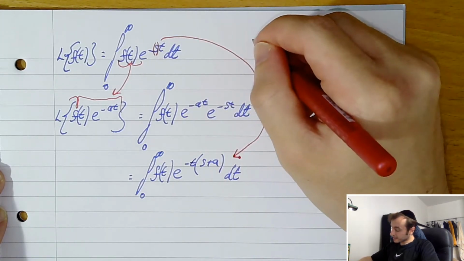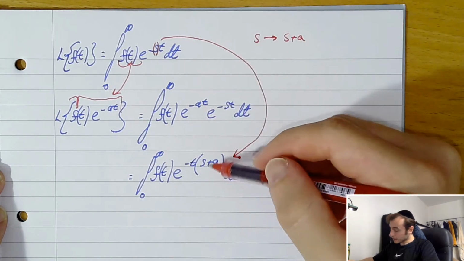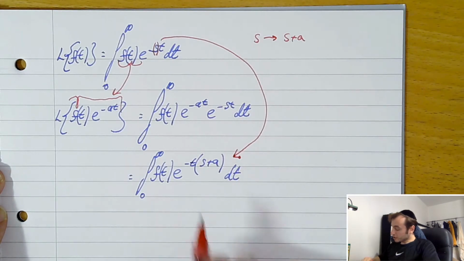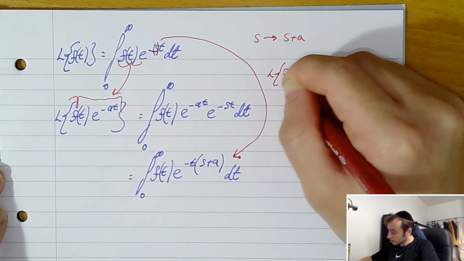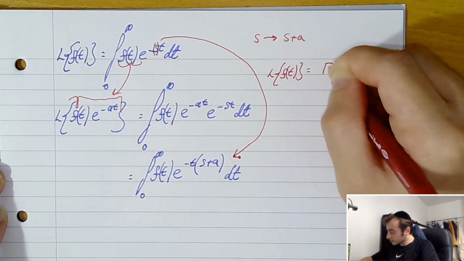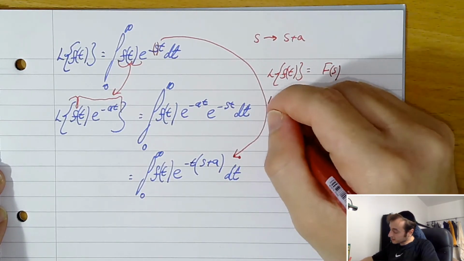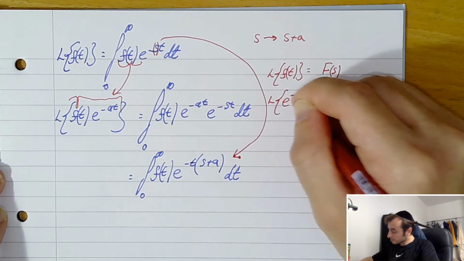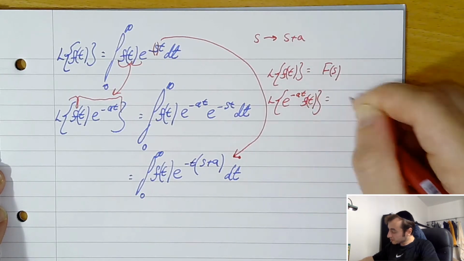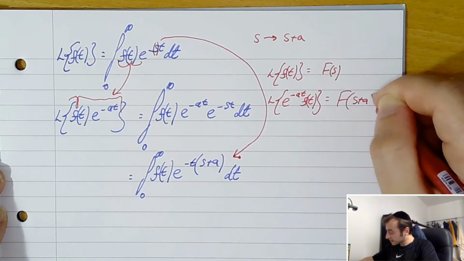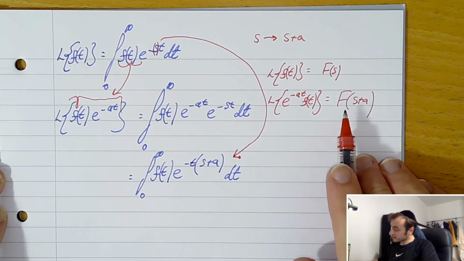What we're doing is making a substitution to s plus a. Which means that if we say the Laplace transform of f of t equals F of s, capital F of s, just as an abbreviation, then we can say that the Laplace transform of e to the minus at f of t equals F of s plus a. And that is the first shift theorem.